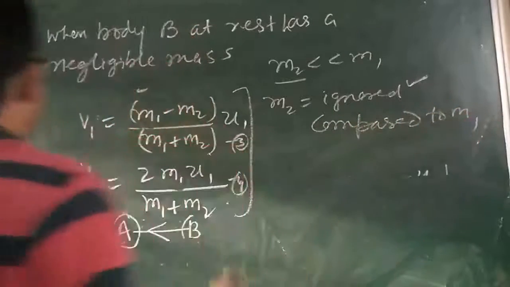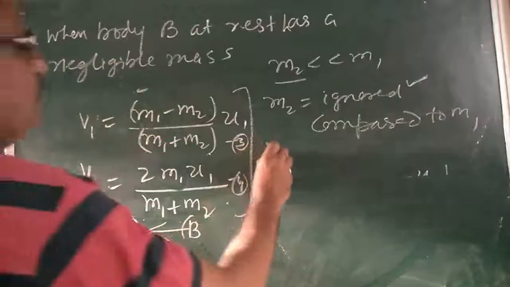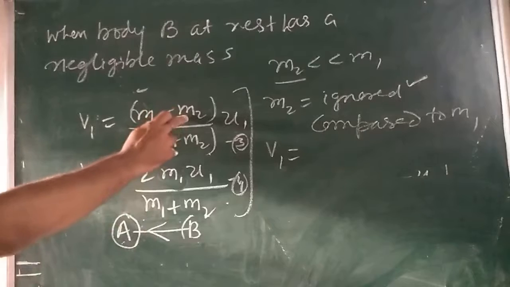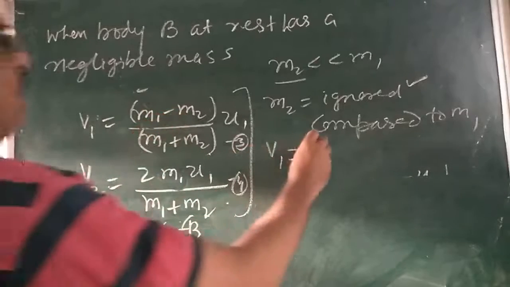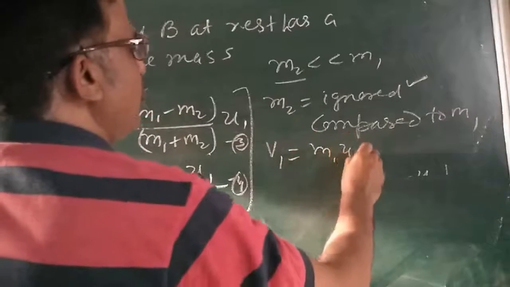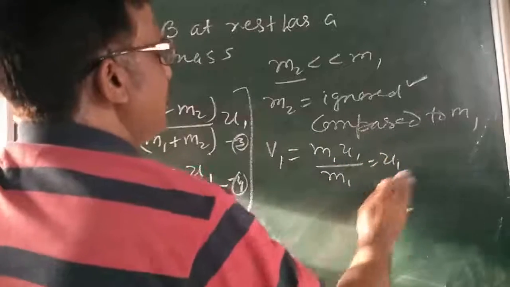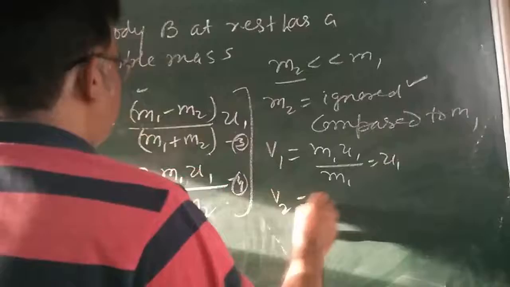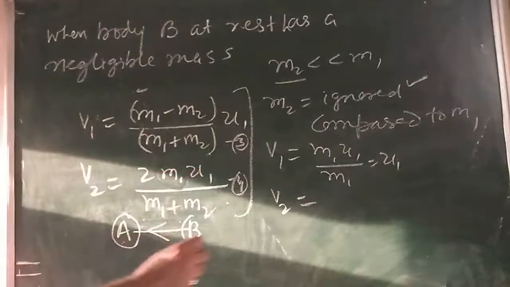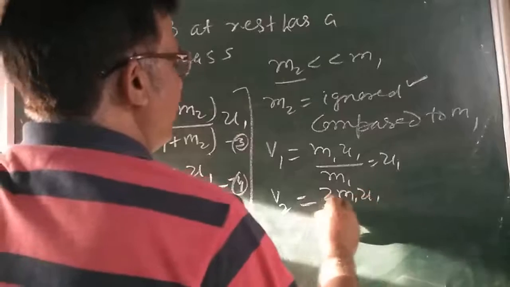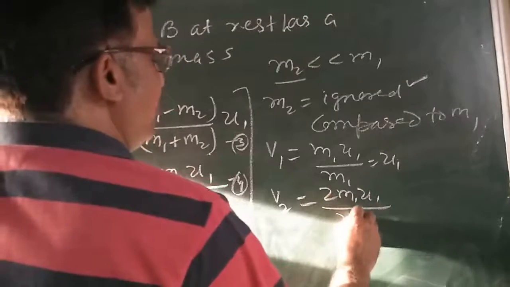Put here. So see our equation third, that is V1. M2 is ignored, so I can write M1 U1 divided by M1, that is equal to U1. Here, what is V2? M2 is ignored, so I can write twice M1 U1 divided by M1.